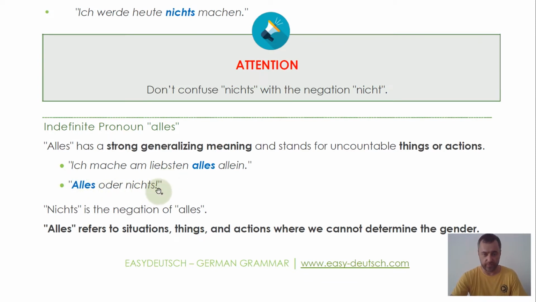All or nothing. So here we use alles for everything that doesn't get a gender. It's uncountable somehow, and it must be a thing or an action. It cannot be a human being. And again, if you want to negate that, use nichts. The negation here is nichts too.